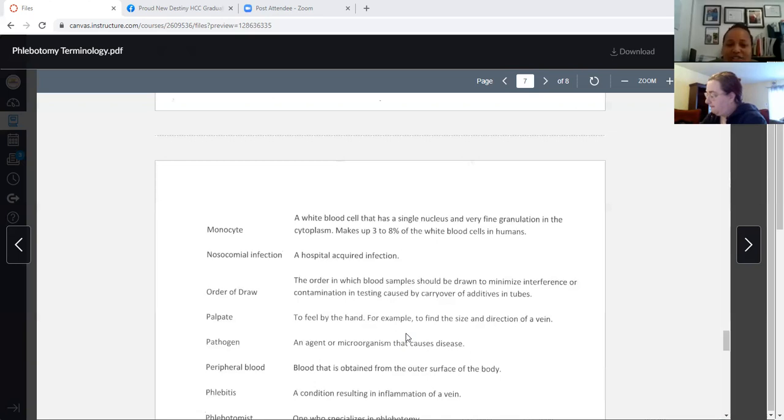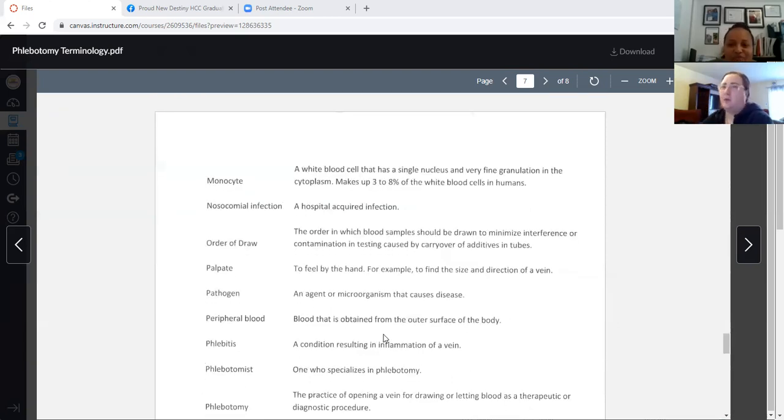Did you get a chance to review the order of draw this weekend? Okay, good. Actually, I was online and there are a bunch of different ways, like one was "boys love ravishing girls" or something like that. I actually bought these little cards, and I think they're going to help me a lot.